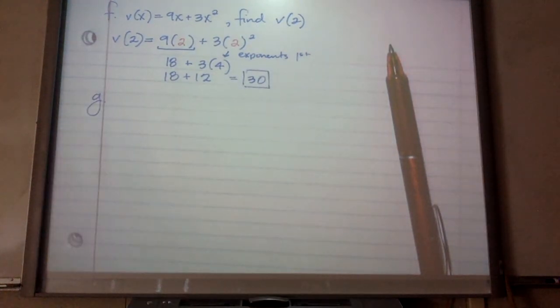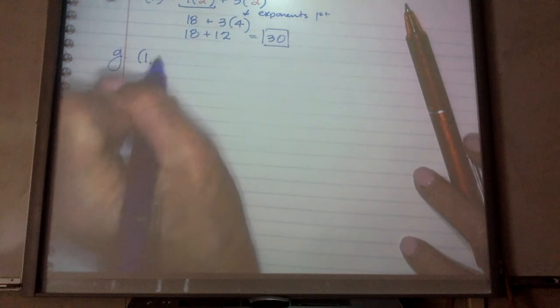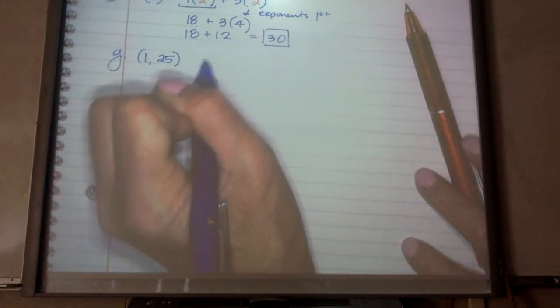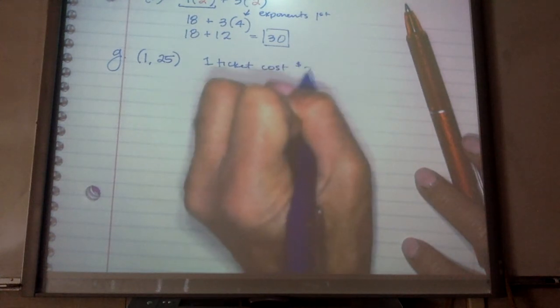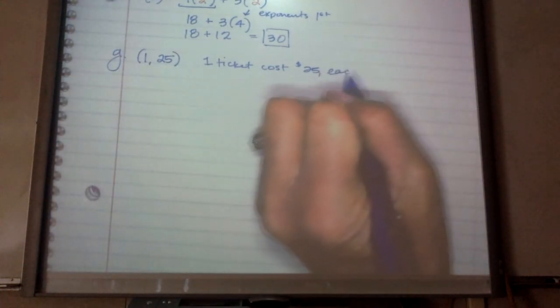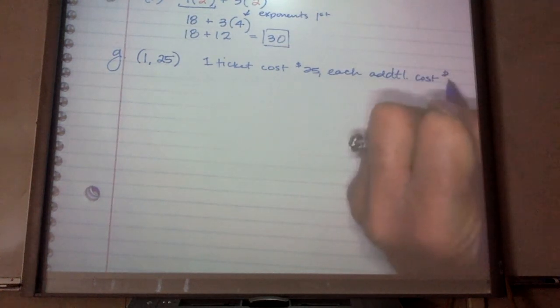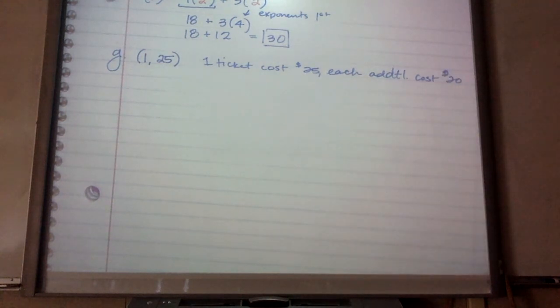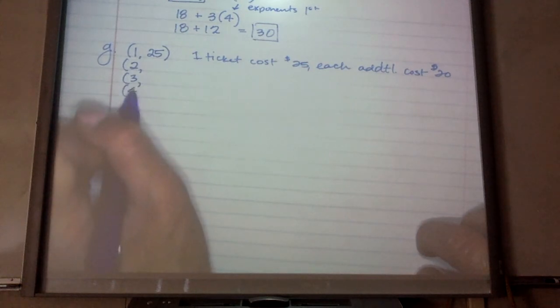All right, G. G gives me a value of points. It says that one ticket costs $25. And there's a one-day special: if you buy one ticket at regular price, each additional ticket costs $20. It asks us to find the total cost if I buy 2 tickets, 3 tickets, 4 tickets.